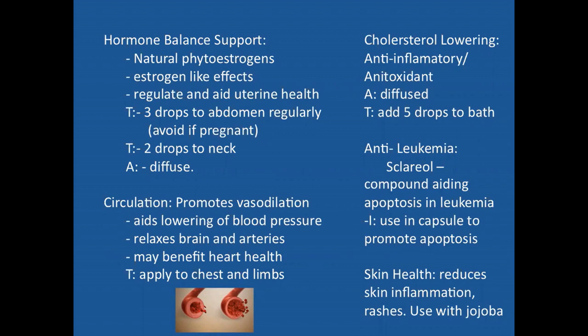Circulation. Clary sage promotes vasodilation, so that's the opening and widening of the blood vessels. So that can be a blood pressure lowering aid. Also relaxes the brain and the arteries, and can benefit heart health in that respect by allowing a greater blood flow through the blood vessels. Topically, you can apply it to the chest and the limbs.